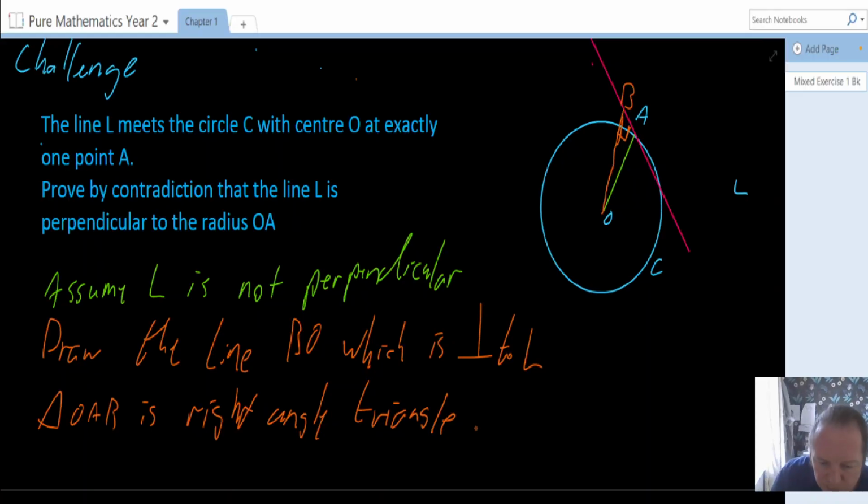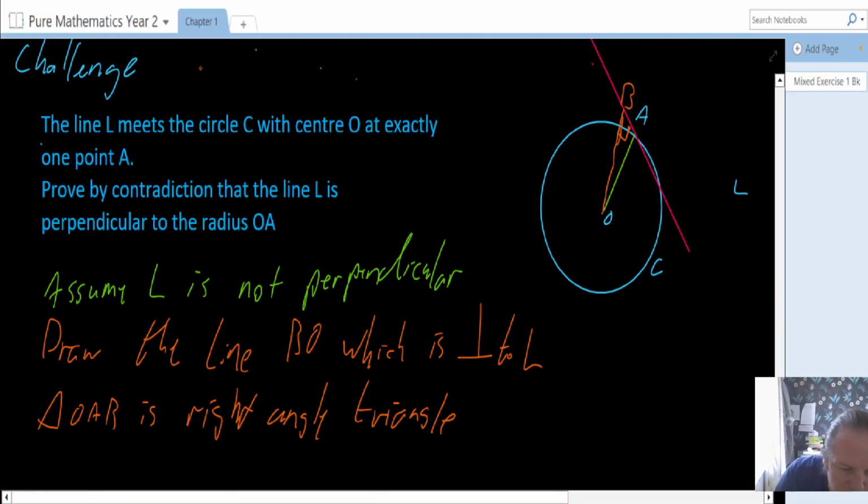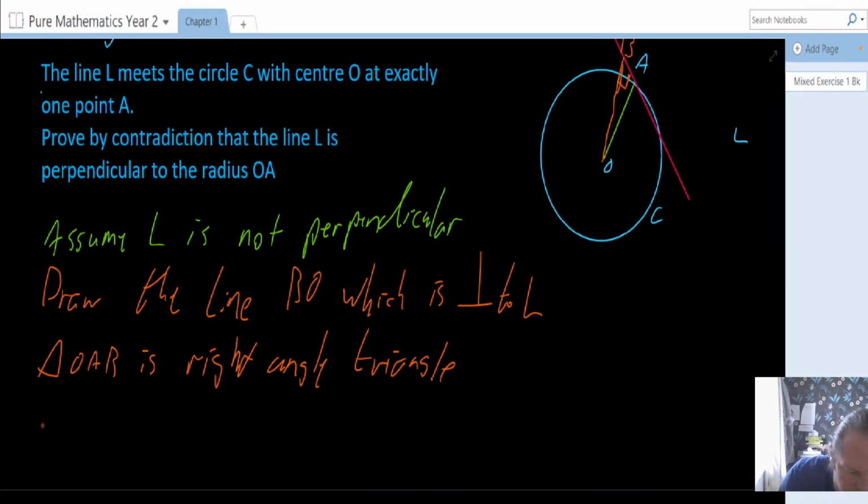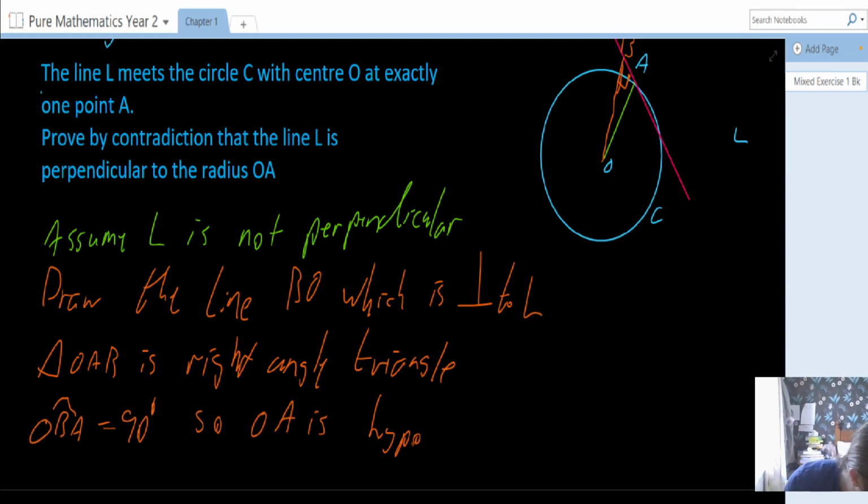Because I have drawn it, angle OBA is equal to 90 degrees, so OA is the hypotenuse.